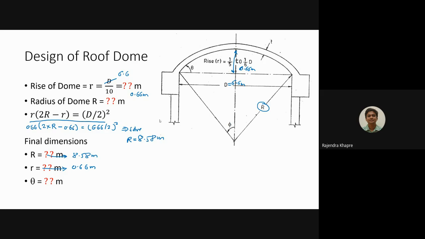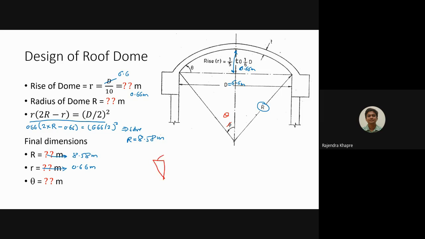So I have already calculated the radius of the dome. Now I have to calculate the angle theta. I think this theta, this is also theta. This is not phi. This is theta. Now, can you calculate the value of theta? Because you see, we have a simple triangle which is like this.